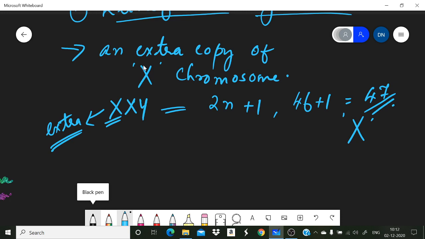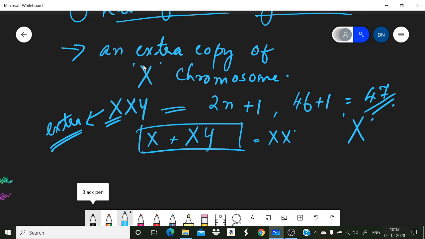The normal male is XY; suppose one X chromosome is added, so it forms XXY. This leads to a genetic disorder, that is Klinefelter syndrome.